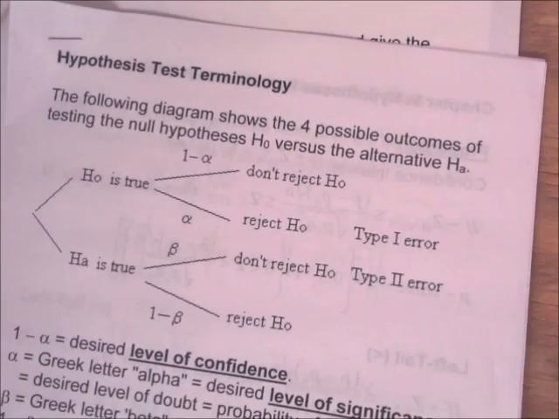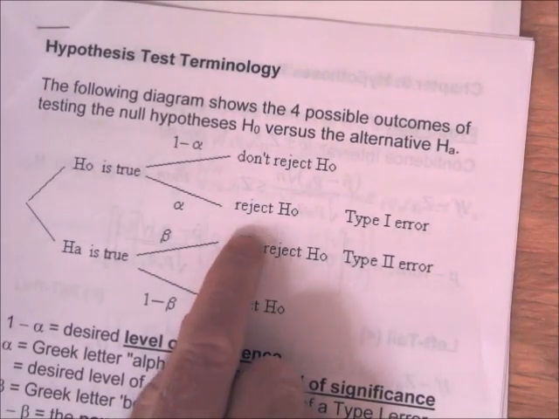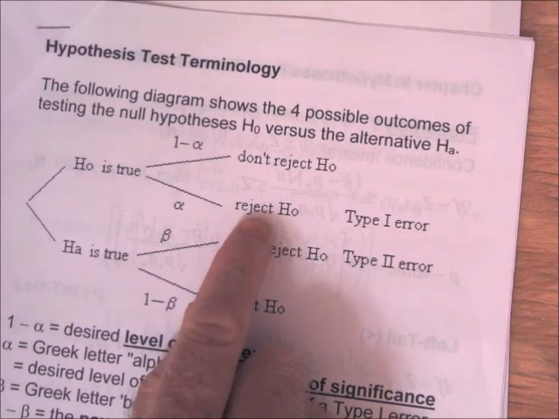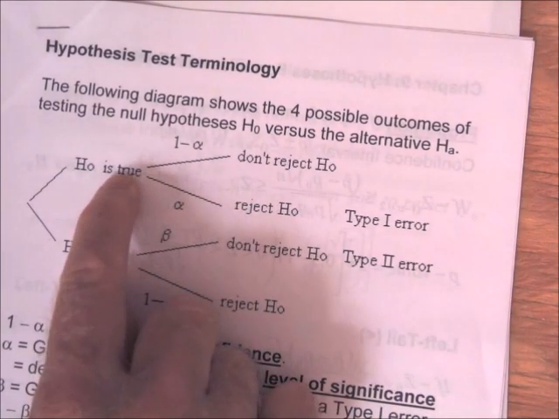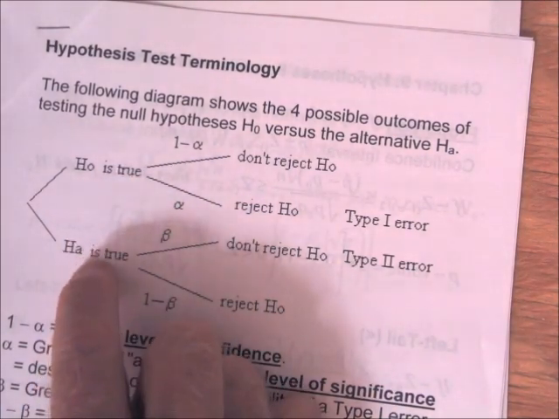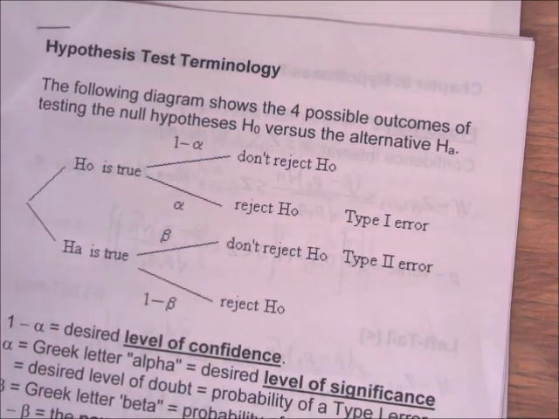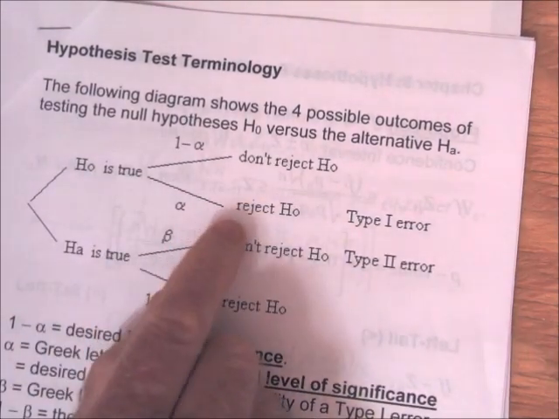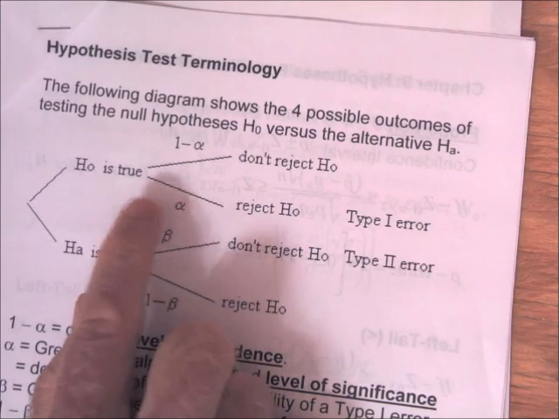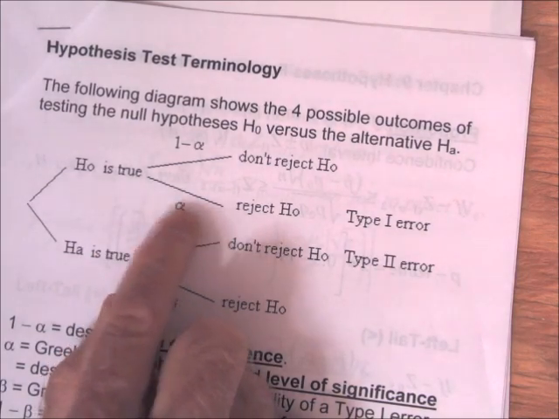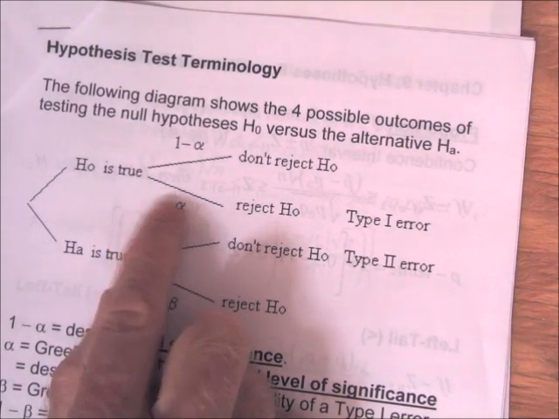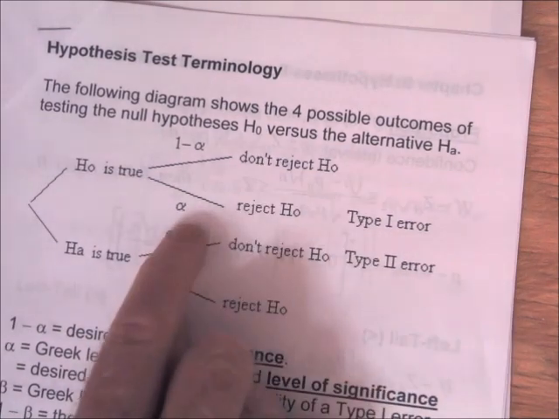So if we go back to this chart here, we reject H naught. The same means H naught is true. Different, HA is true. So if we reject H naught when H naught is true, that's a type 1 error, and its probability is alpha.